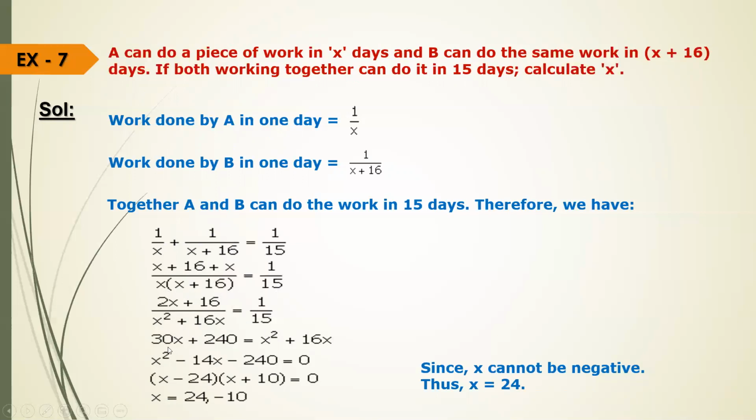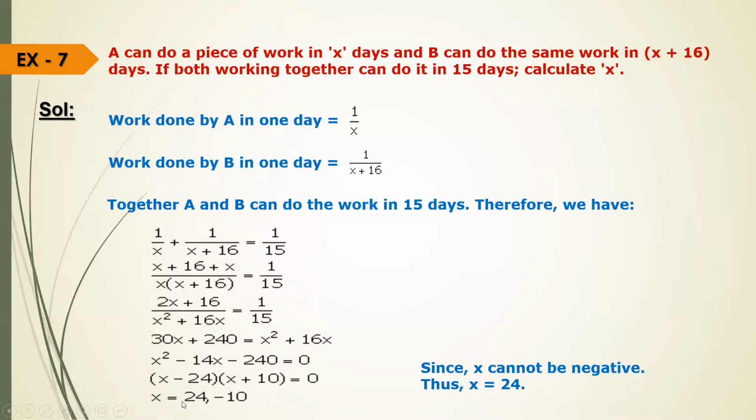This is giving us 30x plus 240 is equal to x square plus 16x. Transpose the terms. Here I am transposing from the left side to the right side, because we always want x square positive. So the final equation will be x square minus 14x minus 240 equal to 0.